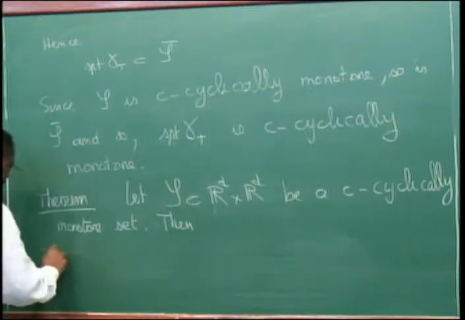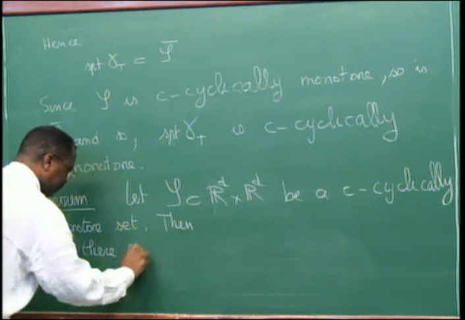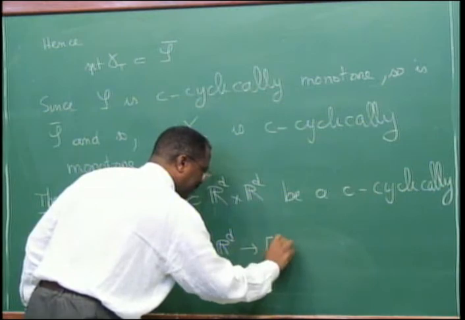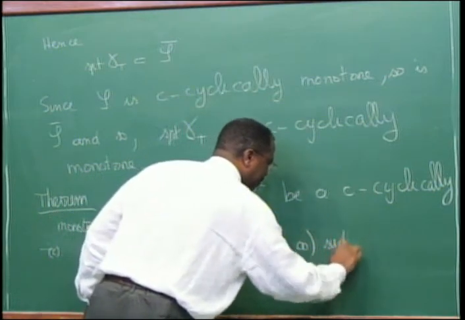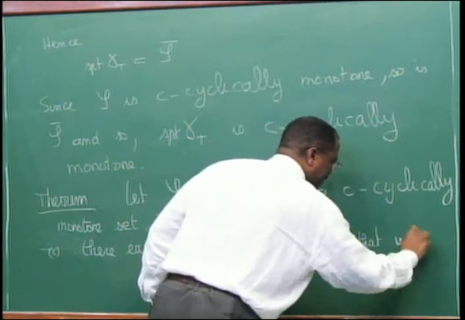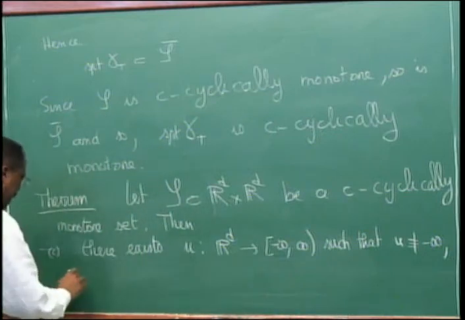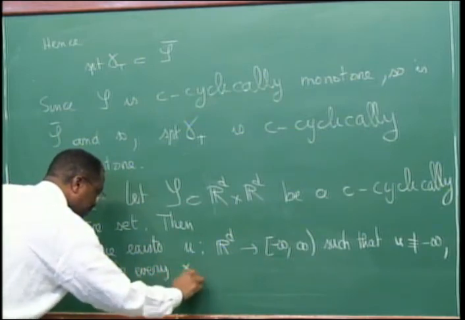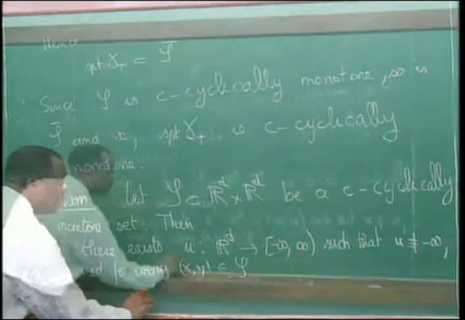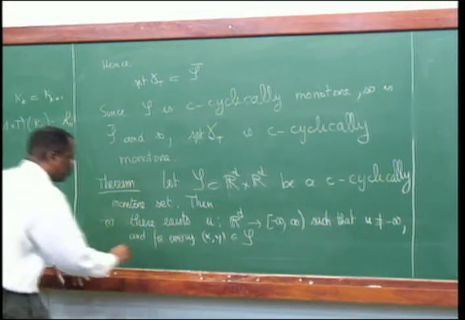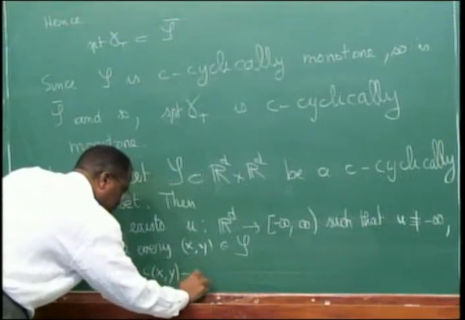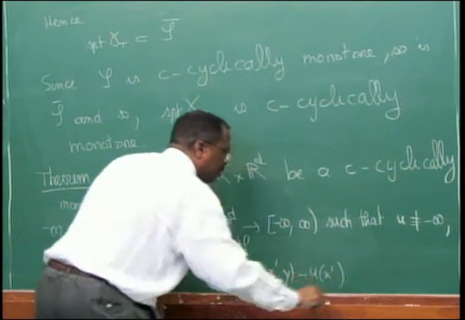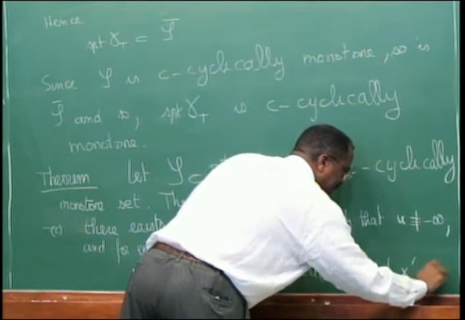Then, first, there exists u from R^d to negative infinity plus infinity, such that u is not identically negative infinity, and for every (x,y) in S, c(x,y) minus u(x) is less than or equal to c(x',y) minus u(x') for every x' in R^d.